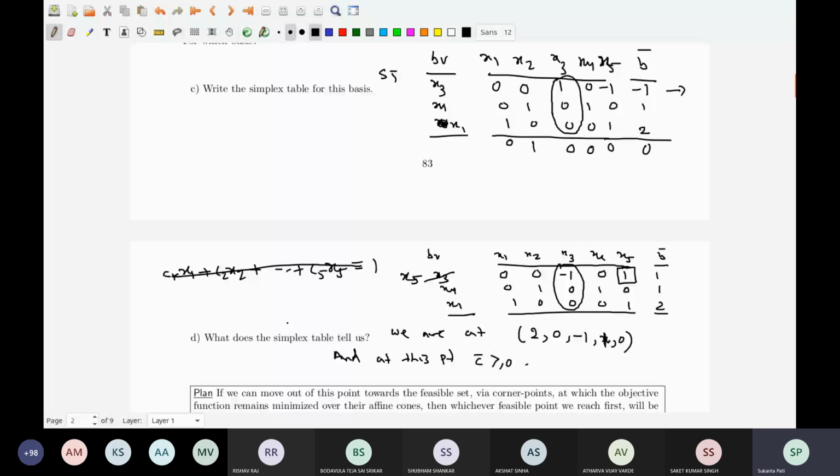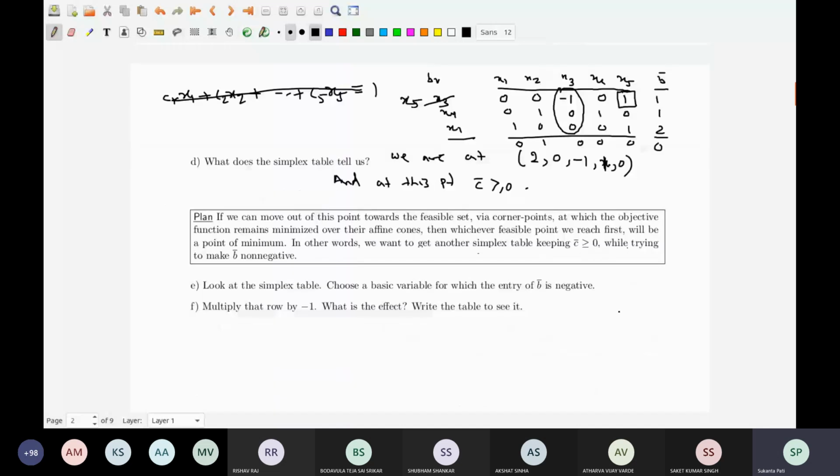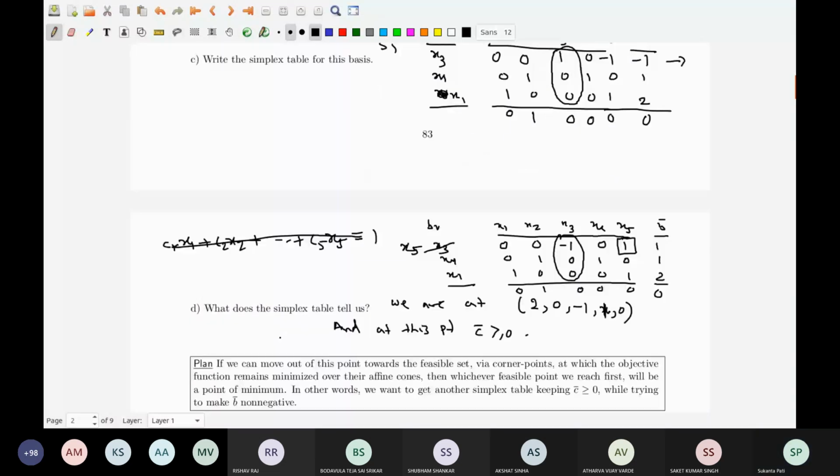So this is 0, 1, 0, 0, 0. This was 0, but now I will make the rest of the entries in that row 0. So this is my next table. I would have actually got this pivot directly from here itself, but I wrote it just to explain.